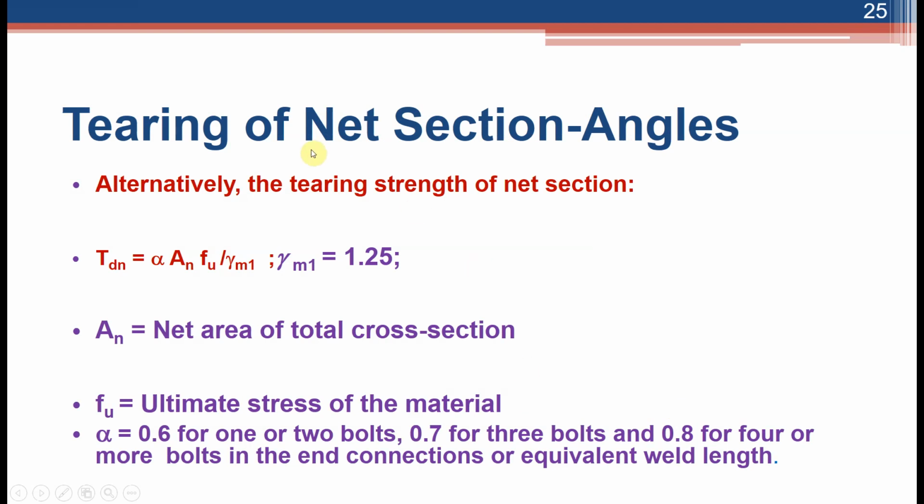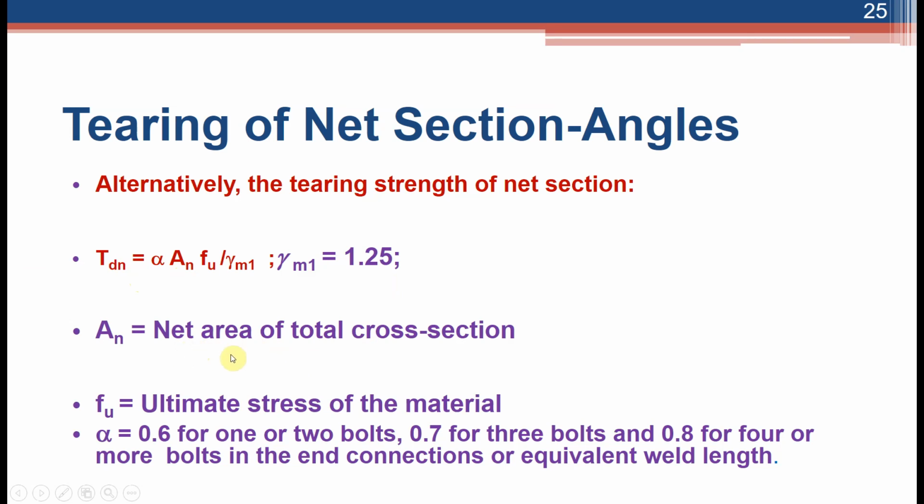Tearing of net section. Now let us learn what the tearing of net section is and how it is found out. Alternatively, the tearing strength of a net section Tdn is equal to alpha An Fu upon gamma m1, where gamma m1 is equal to 1.25.